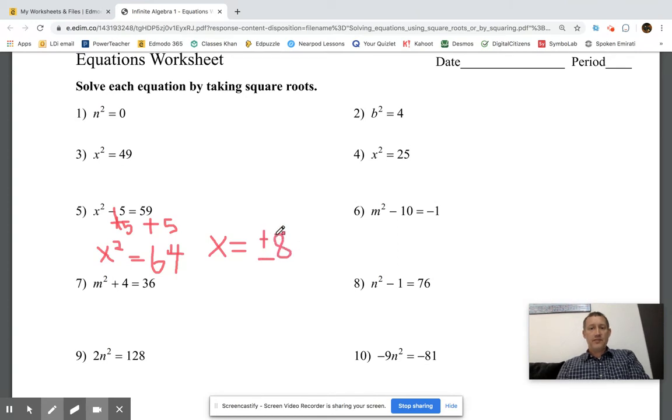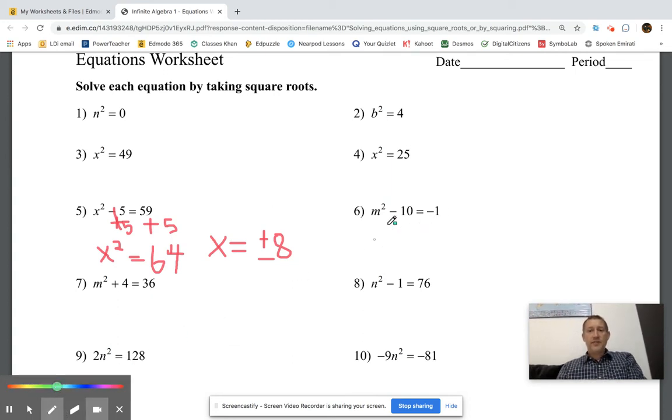Easy breezy? All right. Well, this one, oh, I have a negative. Can a square root be negative? Uh-oh. But you know what? It's going to be okay because we haven't solved for m squared yet. So let's add 10 to both sides. And then we're going to add 10 to the other side.